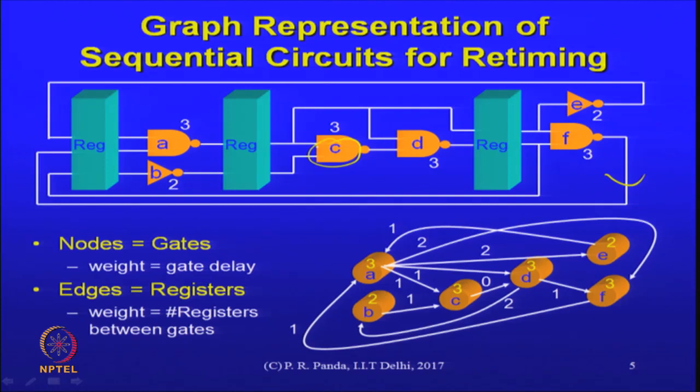Why we do it in this way will become clearer when we do the analysis, but these node weights correspond to the gate delays. Remember, even though we are talking about gates and such things, the retiming is a much more general problem. You could have adders there and you could still pose the retiming problem.